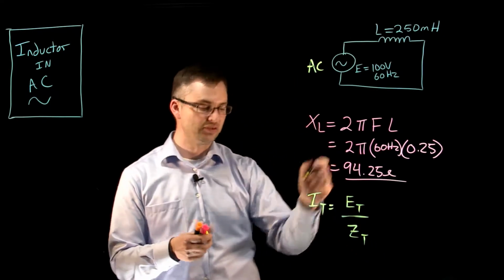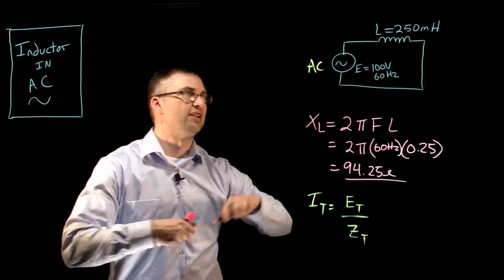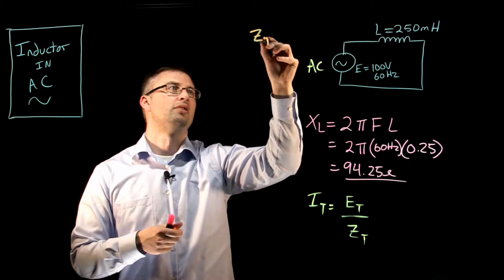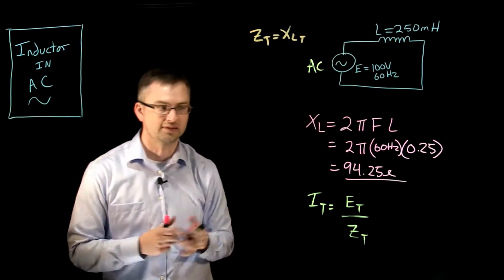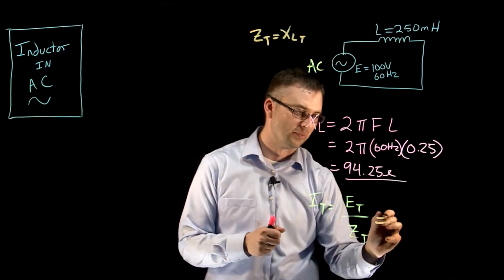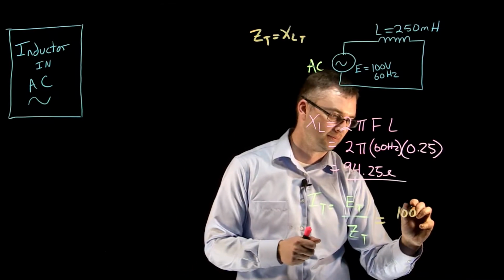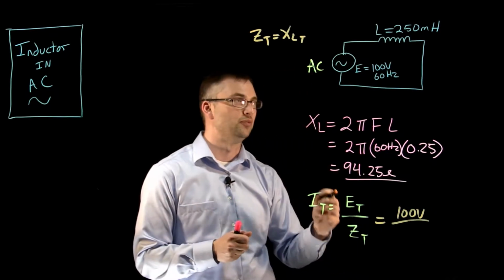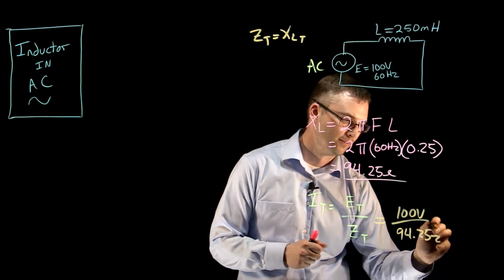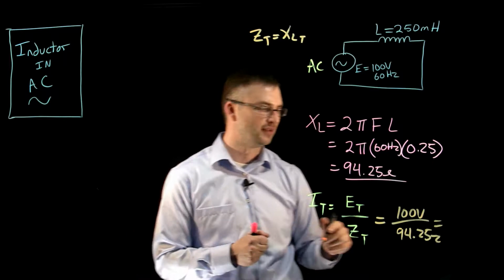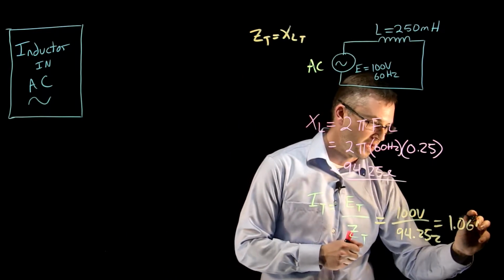And our impedance total, just to state it up here, our Z total is going to equal our XL total because we only have an inductor in this circuit. Okay, so let's go ahead and punch that in. We have 100 volts and an impedance total of 94.25 ohms, and we're going to get a current of 1.06 amps.